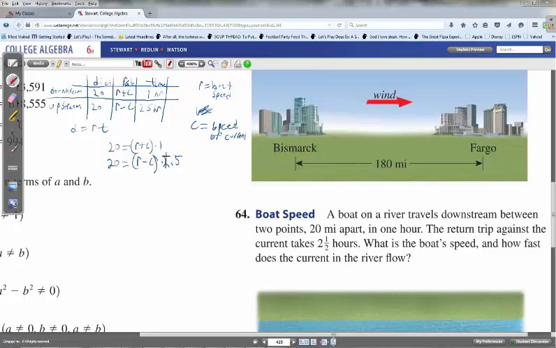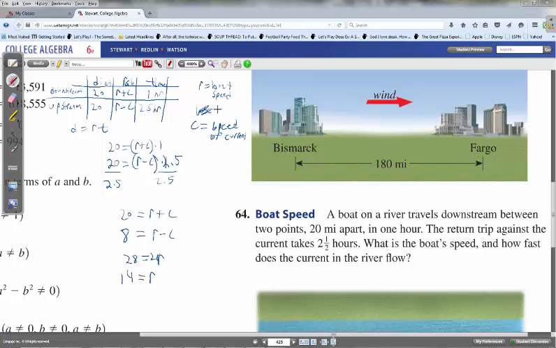So, elimination, this would actually be pretty easy to do, because you could divide this 2.5 out, and you would have divide by 2.5, divide by 2.5, and I would have 20 equals R plus C, and 20 divided by 2.5 would be 8. So I'd have 8 equals R minus C. So 2R equals 28. And R equals 14.